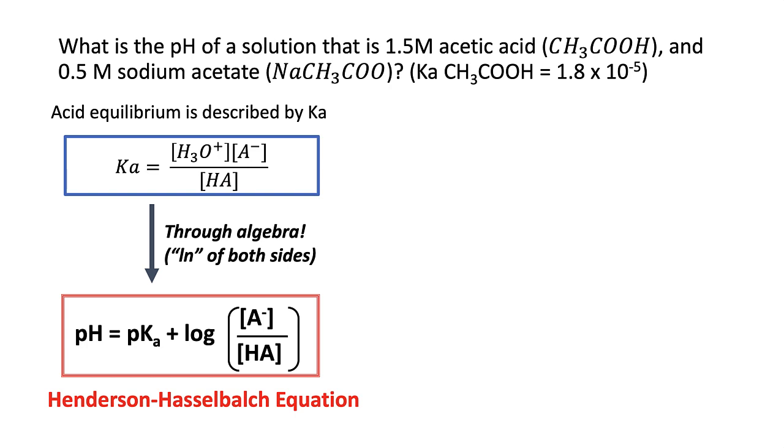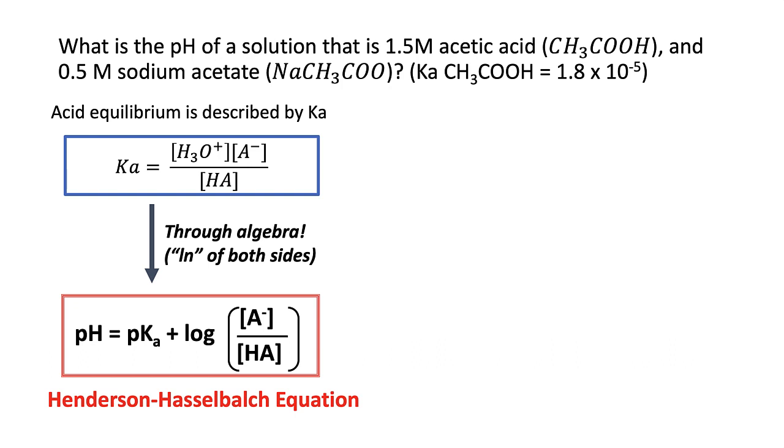So if we're looking at this solution, we have acetic acid and sodium acetate, which again is really just the acetate ion. The sodium is going to dissociate completely. We're looking at the Ka for acetic acid, because what's left behind when the acetic acid dissociates is the acetate ion.